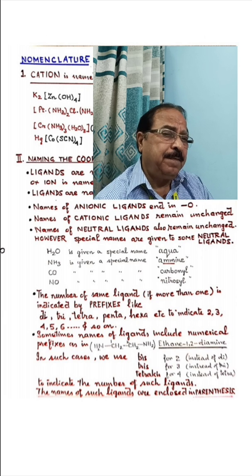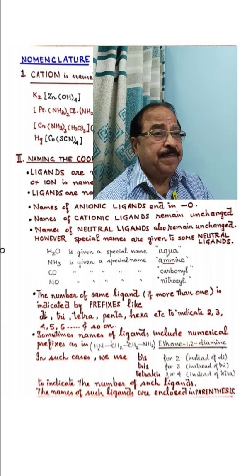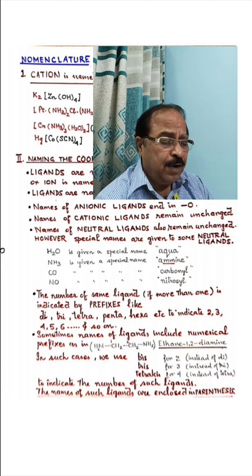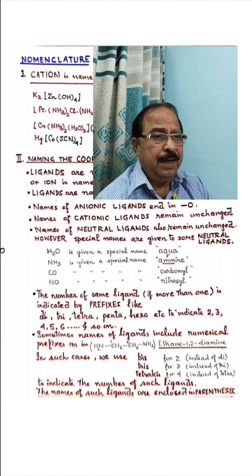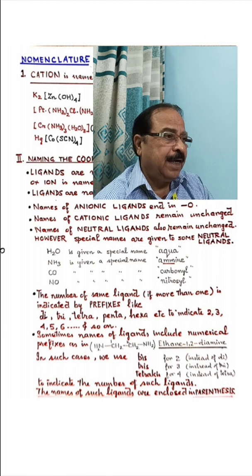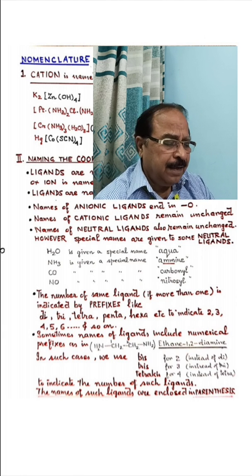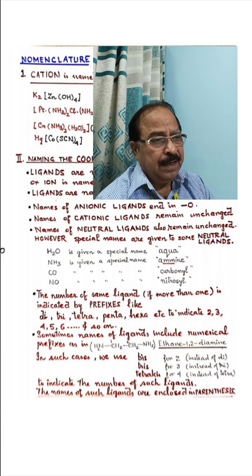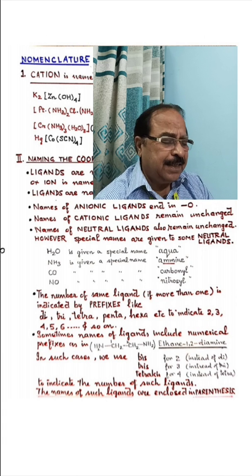Now there is another important thing. Sometimes there are certain ligands which have got some numerical prefixes in their name itself. For example, ethylene diamine, its name is ethane-1,2-diamine. Now it already contains some numbers, 1, 2, in the name itself.